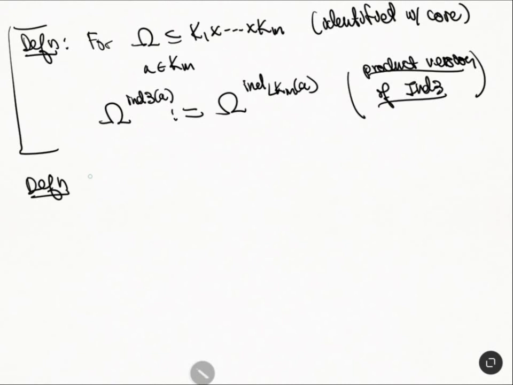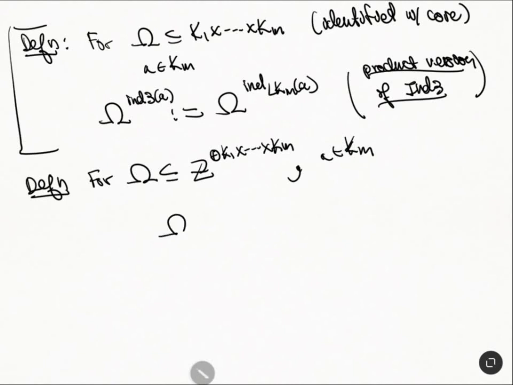For omega, a subset of the free group on the product of these fields, and A in Km again, we define omega tilde of Ind3 of A to be equal to omega of Ind3 of the free LKM A. That's why we were worried about defining this functor, free LK.